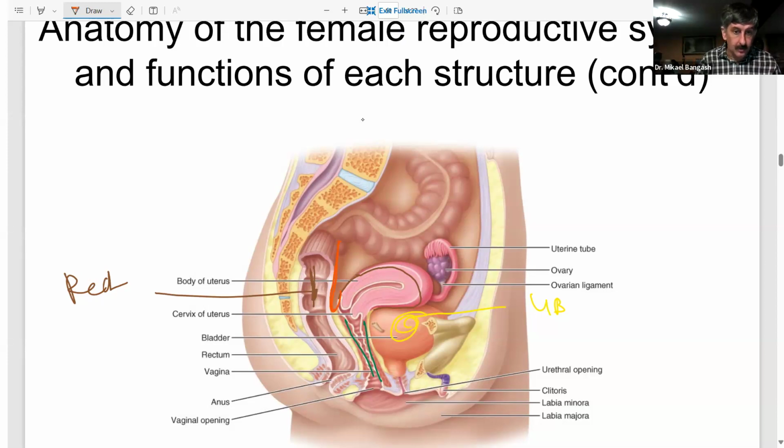At some point, it's going to make a U-turn, I mean run on top of the uterus like this, then like this. This was the uterus part. Did that make sense? Did that make sense, Asma? Yes. Good.